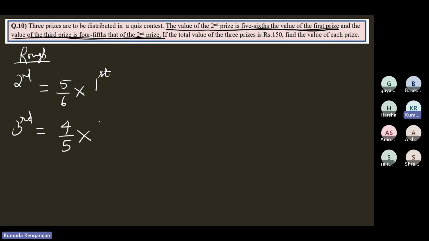So this can be a rough work. What is given? Second prize is 5 by 6 of the first prize, and the third prize is 4/5 of the second prize.